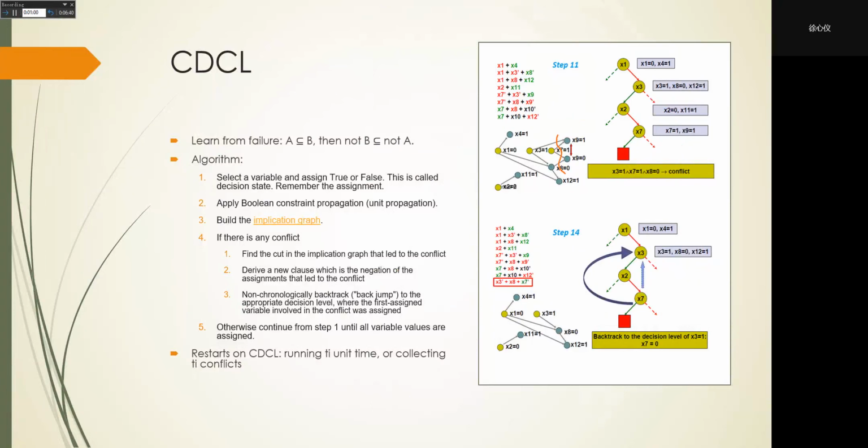When you accumulate too many conflicts, which keeps jumping to the first conflict variables, it will actually slow down the whole algorithm. So the solution in the CDCL algorithm is that if you are running and collecting conflicts up to a threshold, then you just stop the algorithm and start it again with a clear conflict set from the beginning.